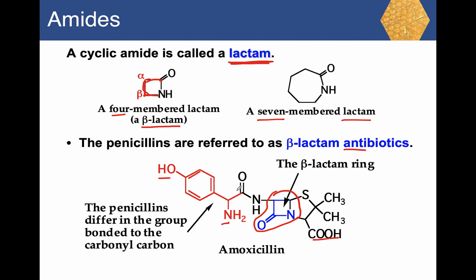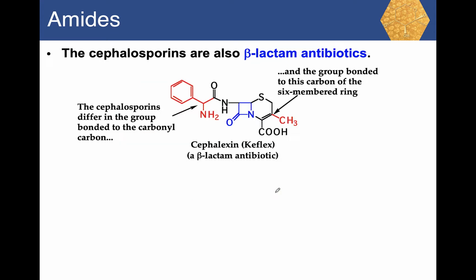As you can see, a large percentage of pharmaceuticals are polyfunctional organic molecules. But here, for emphasis, this particular antibiotic contains a lactam functional group. Here's another one. Another antibiotic here has, of course, the lactam functional group.